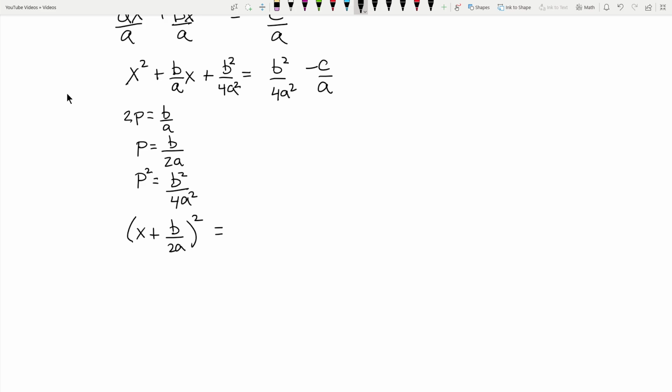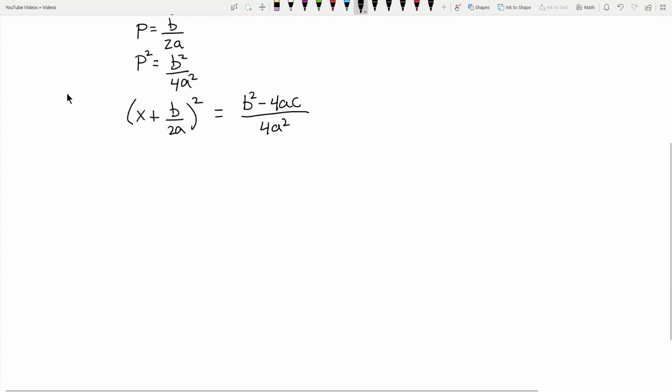So my common denominator is going to be 4a squared. So that means I need to multiply by 4a, top and bottom here. And when I do that, I've got a common denominator. So my numerator becomes b squared minus 4ac all over 4a squared.